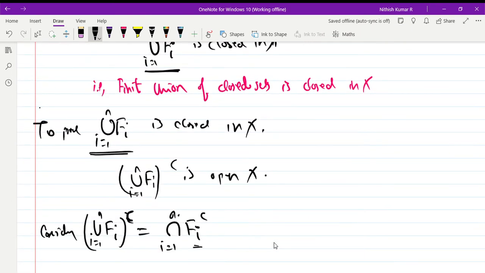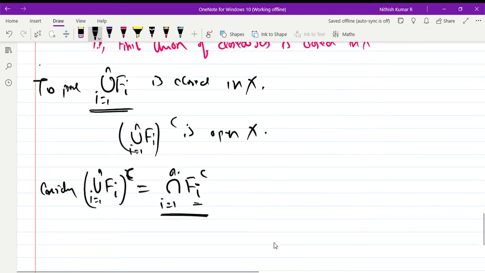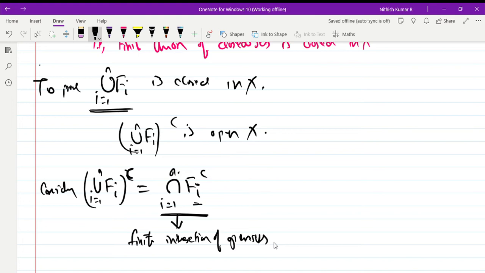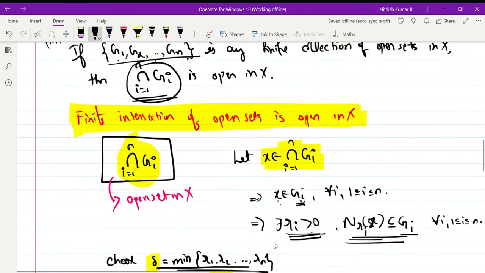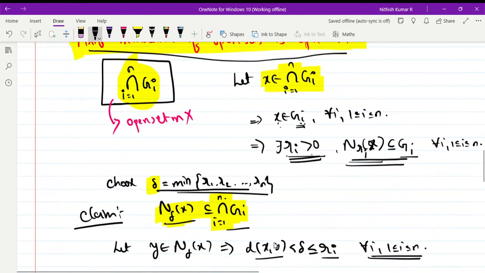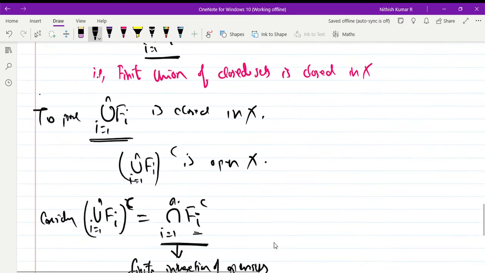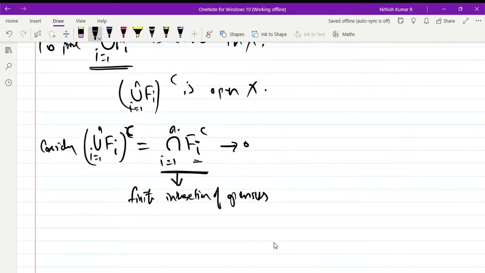So this is a finite intersection of open sets. Now we have seen that a finite intersection of open sets is open. This implies this set is an open set in X.